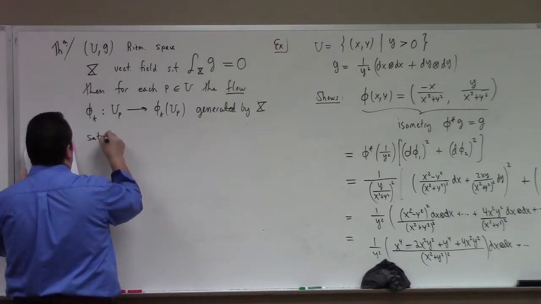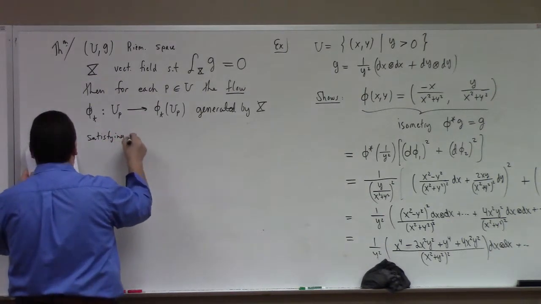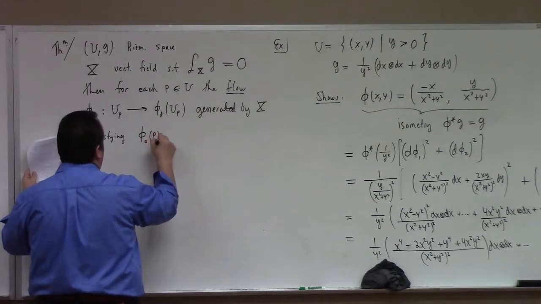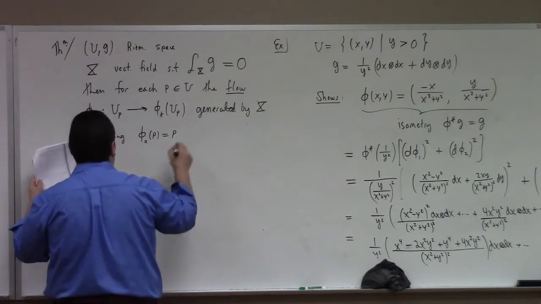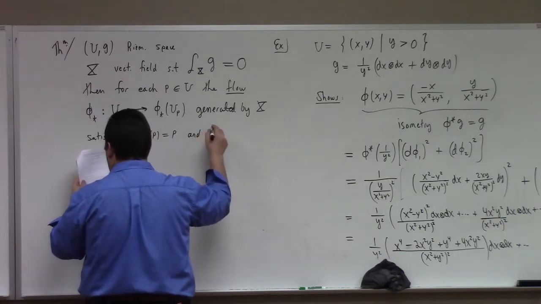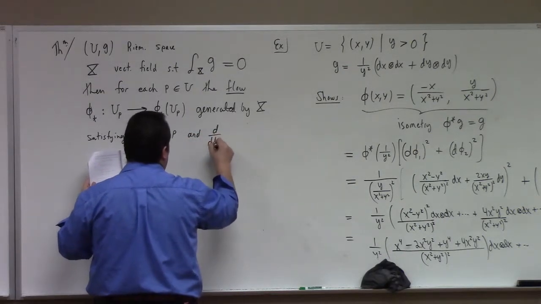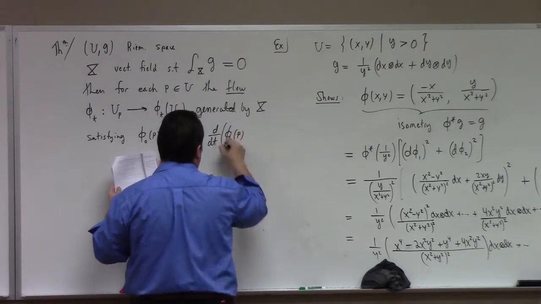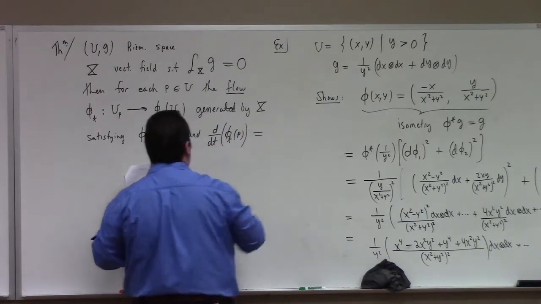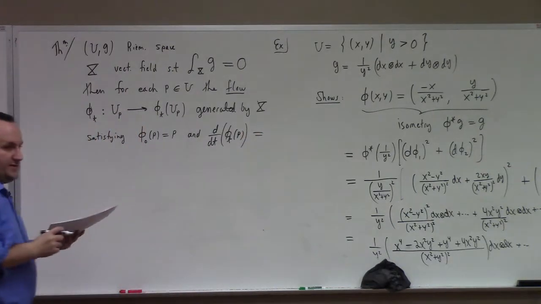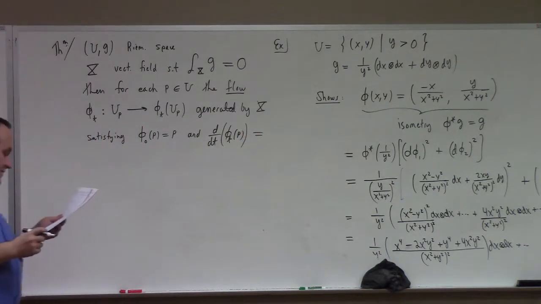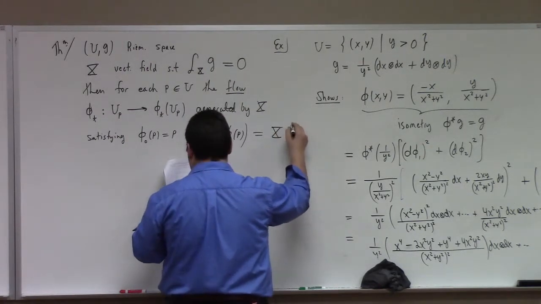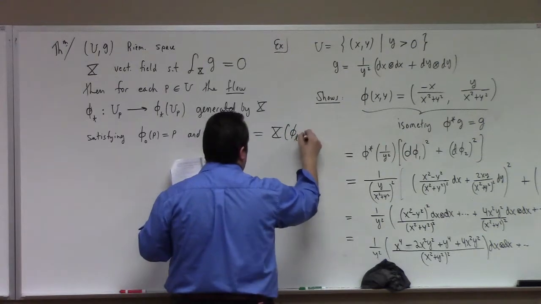So a little bit more data, some fine print here. Suppose phi at time 0 of p is p, and here's the integral condition: d/dt of phi sub t of p is what? What's the velocity of the flow at the point supposed to be? It's an integral curve, right? So it should be X of phi sub t of p.